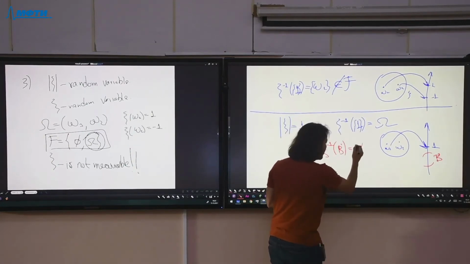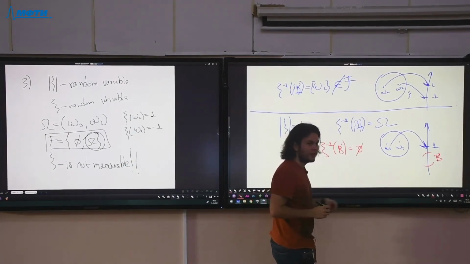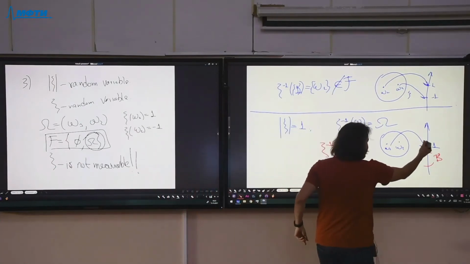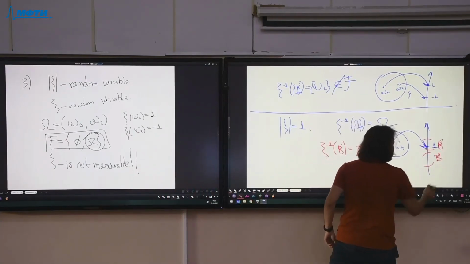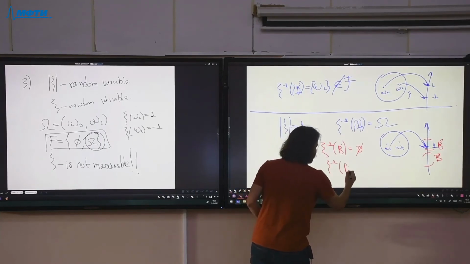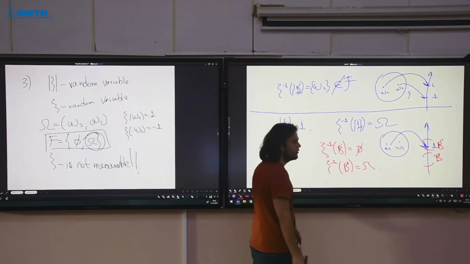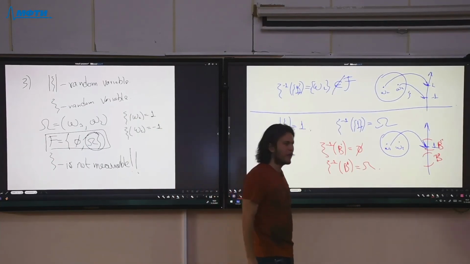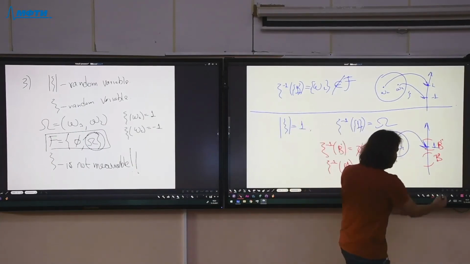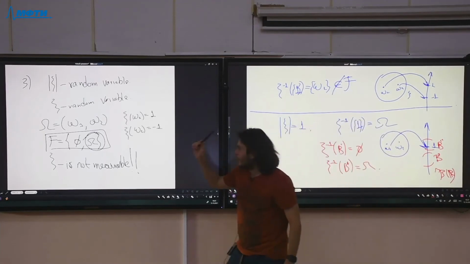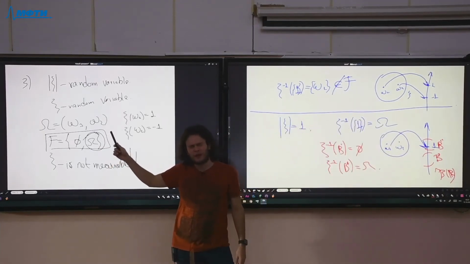The empty set, right? And the empty set belongs to F. But if B contains 1, for every B that contains 1, the preimage of B is omega. So we can see that this function is measurable because for every B of the Borel sigma algebra the preimage is an element, is an event, right?